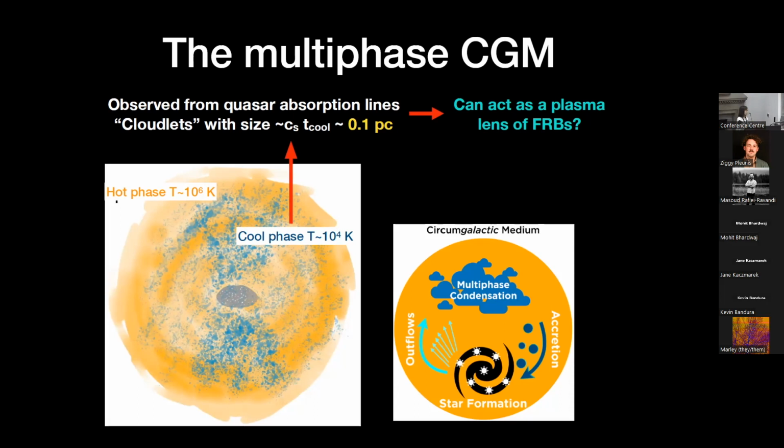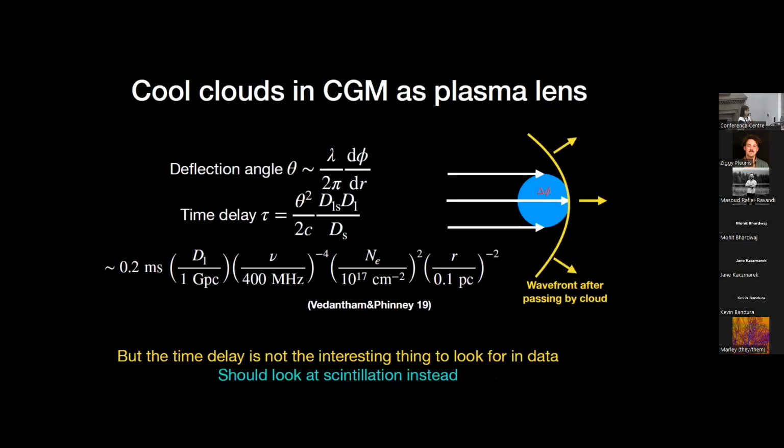What's interesting about these cool clouds is that they can act as plasma lenses for the FRBs. Here's a very simple model that illustrates how the plasma lens works. On the right, I'm showing a blue circle as an illustration of the cool cloud in the CGM.